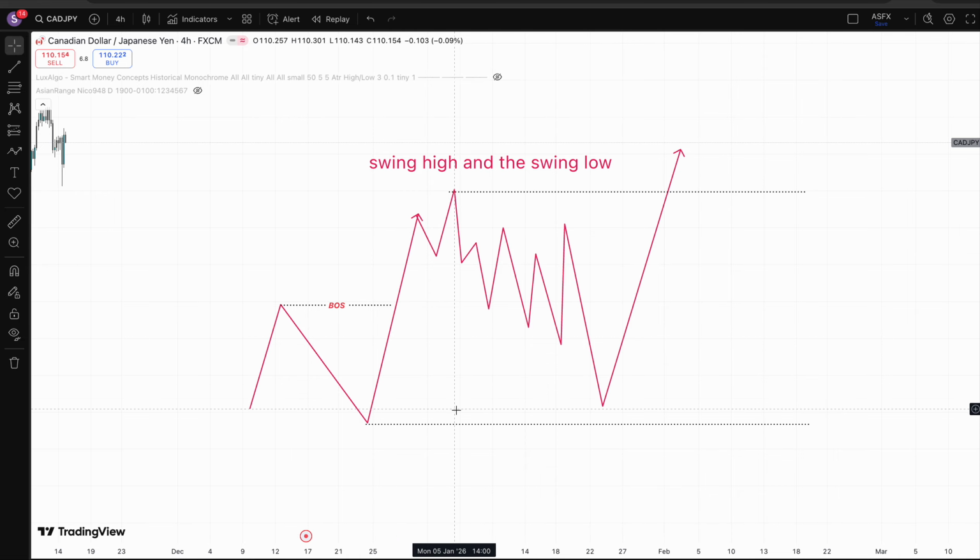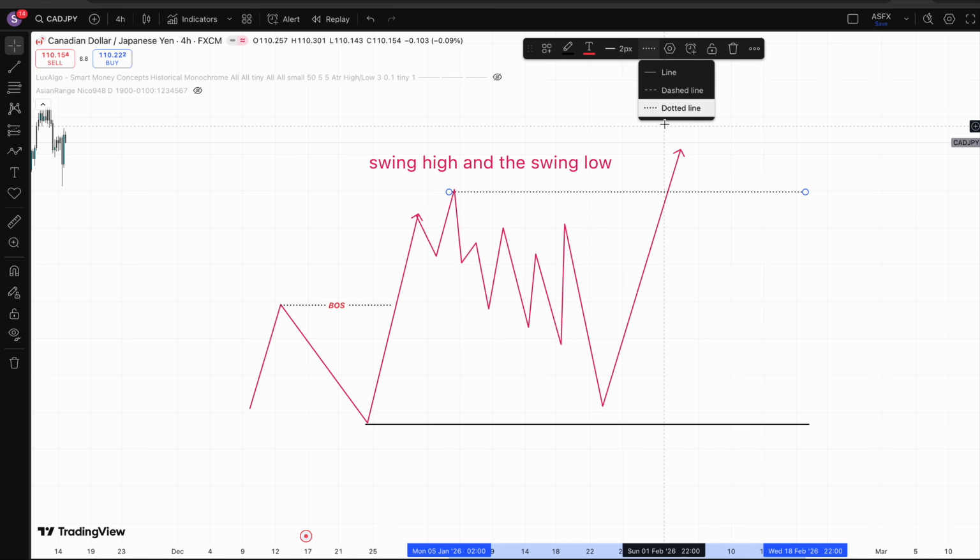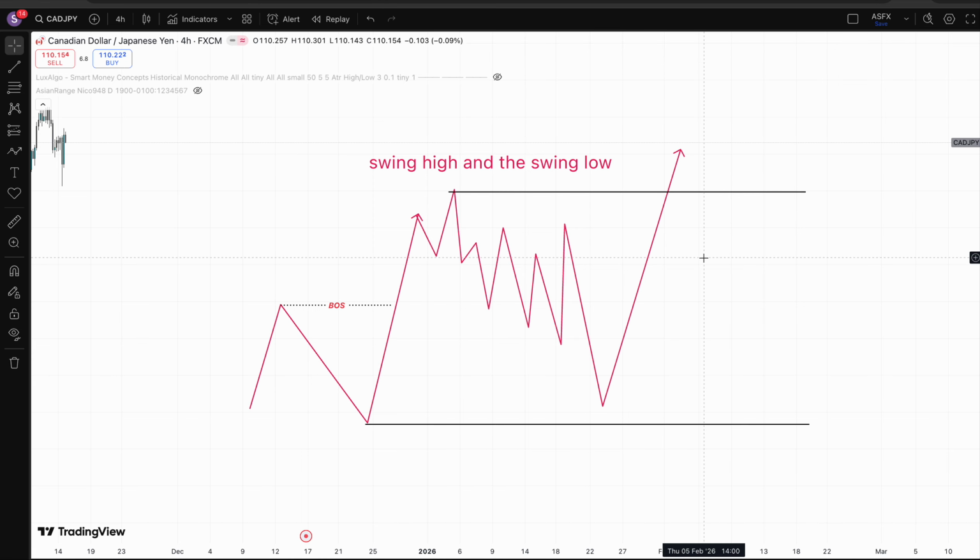Swing high and swing low is the low to the high that breaks structure. It's as easy as that. So you are calculating the swing structure from the low to the high that broke structure. As easy as that.